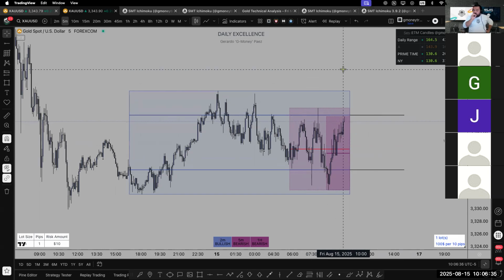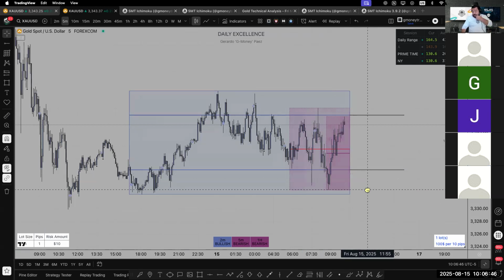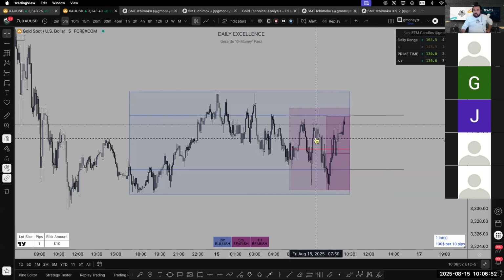That's really good that you didn't buy, because if you would have bought, you would have been 100 pips in drawdown, for starters. Now you probably didn't sell because you initially were planning for the buy. But if you were planning for the sell, you probably would have executed it right there. Okay, got you.